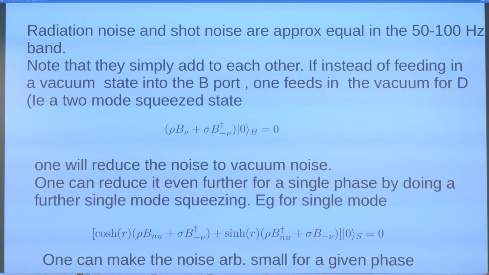What do I mean by that? I send in a squeeze state such that after it's gone through the whole system, it leaves me with the vacuum state for this linear combination of the B's. Then this annihilation operator here will be in its vacuum state, which will be much less noise than it would be if one had one of these squeeze states coming in.